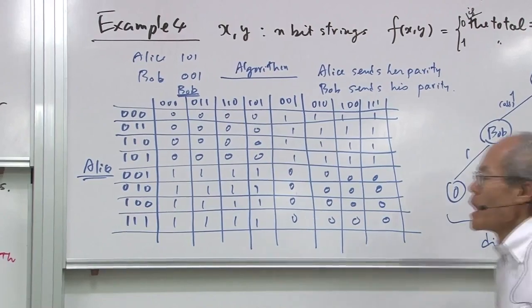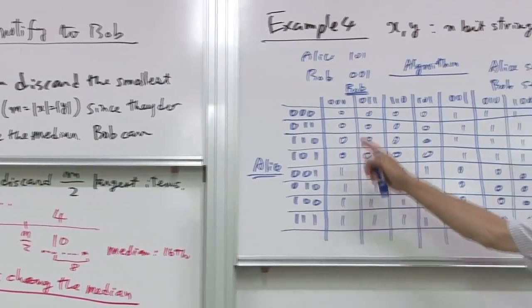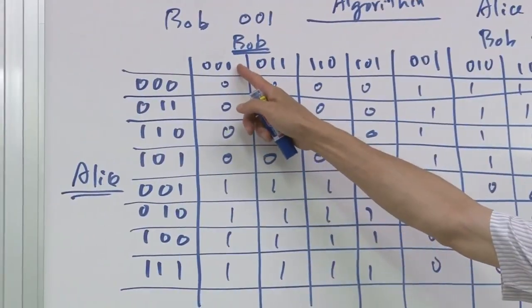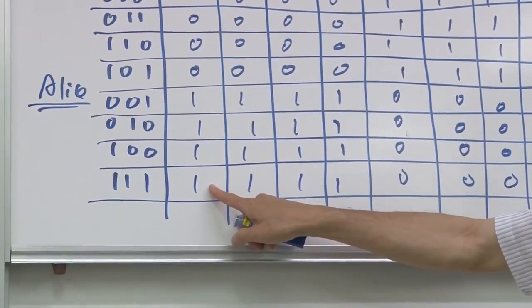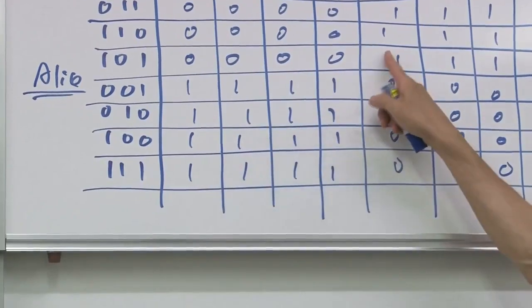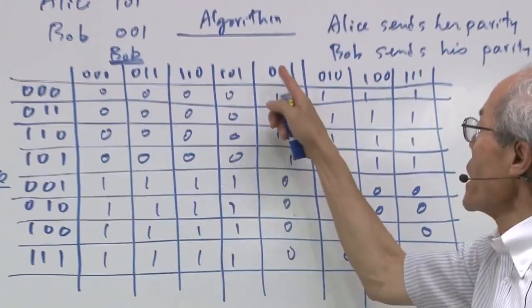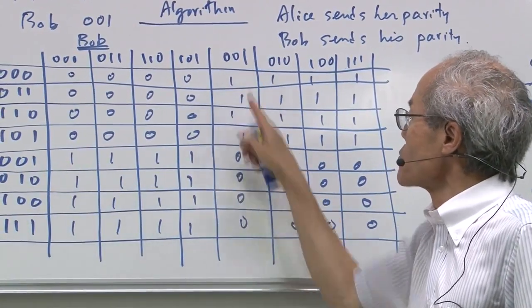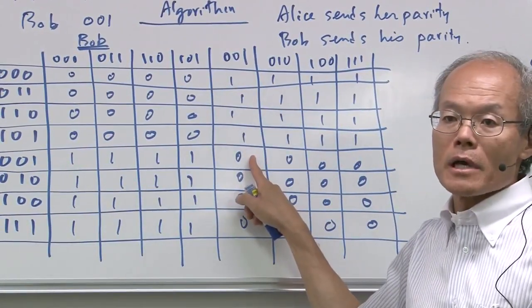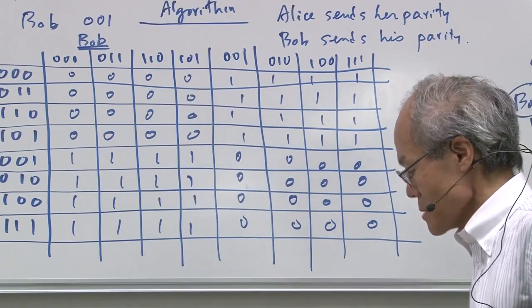For example, Alice 111 and Bob 000, then the total parity is odd. And for example, here, 101 and 001, again odd. 001 and 001 is even. Okay, so this is the correct answer.